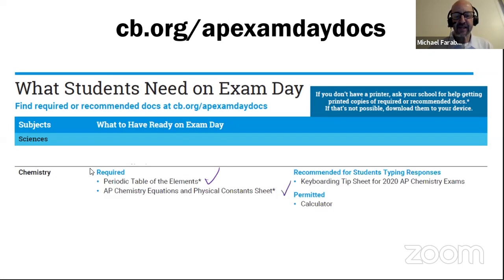And there is also a keyboarding tip sheet if you choose to type and you're concerned about things like formulas or showing your work with respect to dimensional analysis. There is a tip sheet for typing responses. Again, you can go to cb.org/APexamdaydocs to get this information.